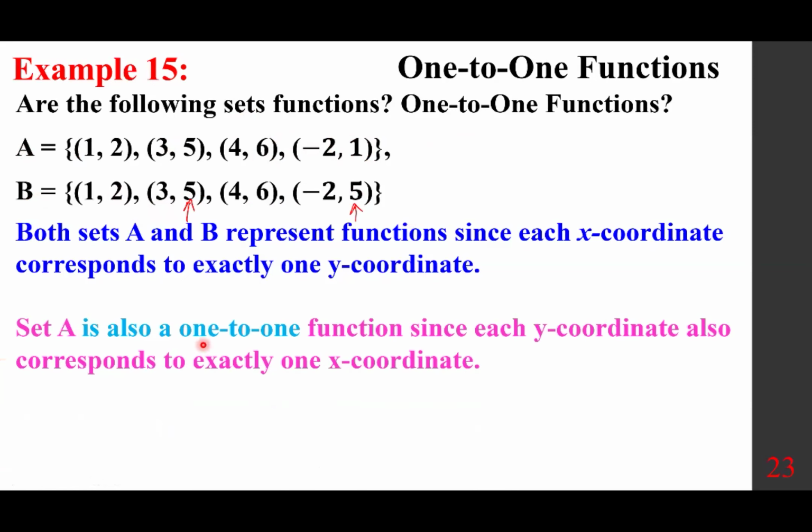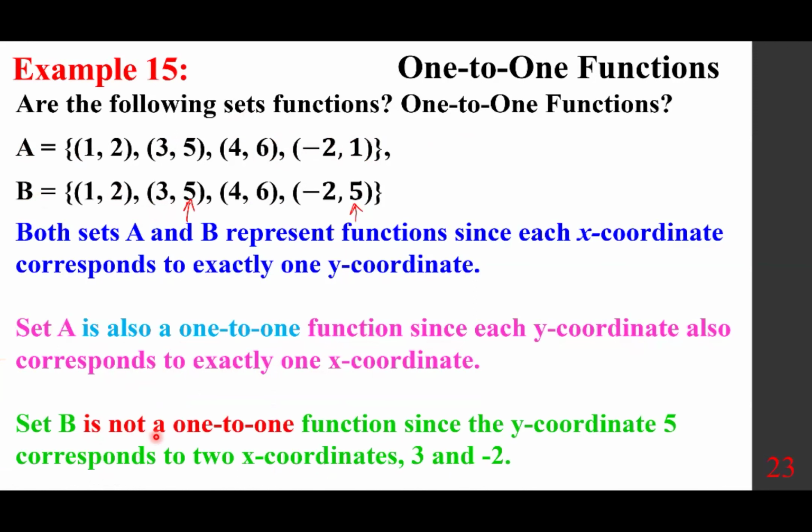Set A is a one-to-one function since each y coordinate also corresponds to exactly one x coordinate. However, set B is not a one-to-one function since the y coordinate 5 corresponds to two x coordinates, 3 and -2.